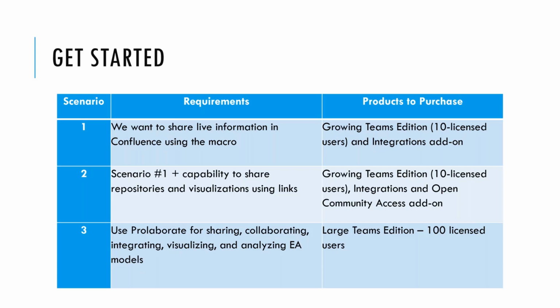Almost everybody comes to point three: we want to integrate, which is the most important use case, but sharing and collaboration and reviews and dashboards and diagrammers and analyzing and all the tools would definitely be useful. So the base package which provides everything Prolaborate has to offer is the Large Teams edition, which has 100 licensed users.